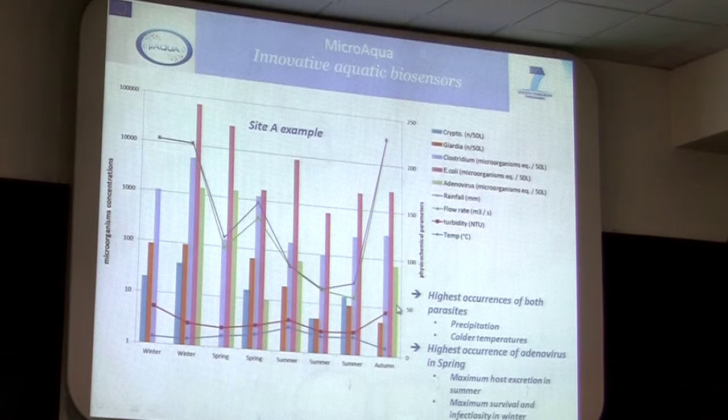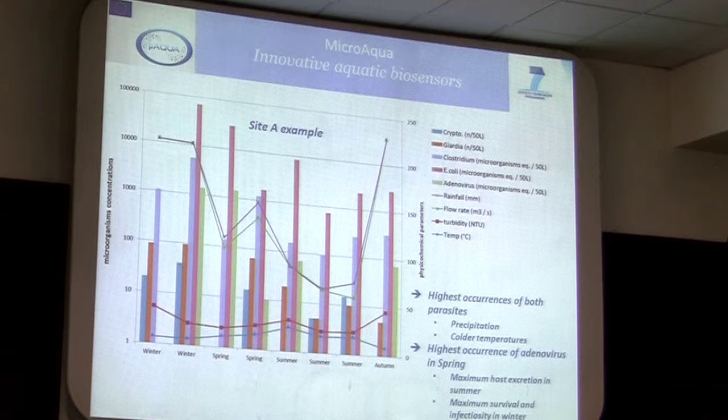Previous studies have already shown that the highest occurrence of both parasites occurs when precipitation is most important and when the temperature is colder. We measured the highest occurrence of adenoviruses in spring, which is a middle temperate season.